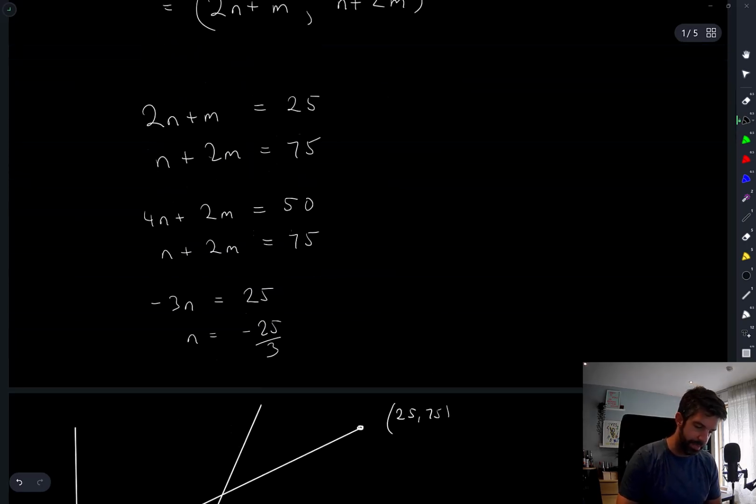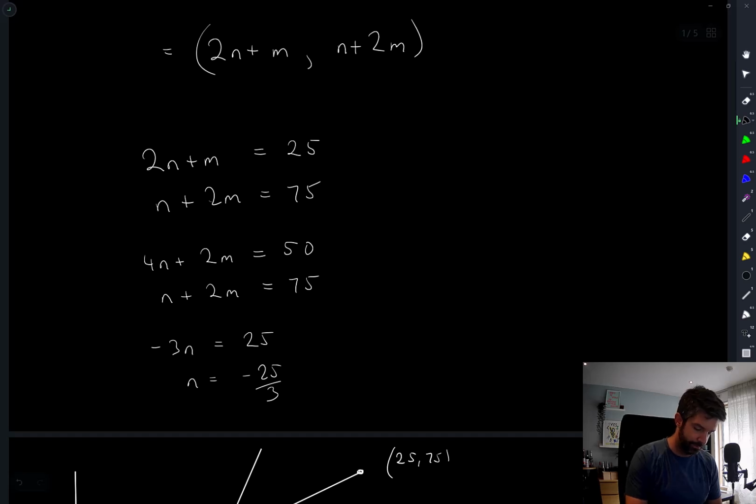What would m be in this case? Well, I could do 2n plus m is equal to 25 and multiply this by 2. 2n plus 4m is equal to 150.